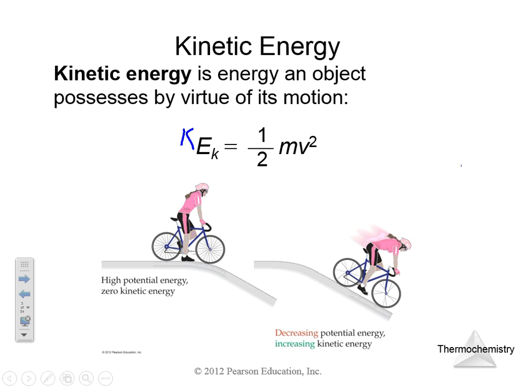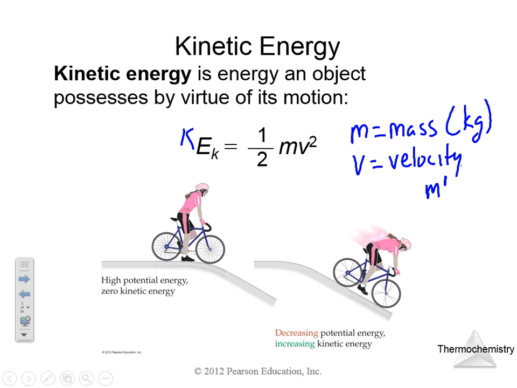And remember, kinetic energy is equal to 1/2 mv squared, where m equals your mass in kilograms, and v is velocity, and that's in meters per second typically. You've studied kinetic energy in the past in 9th grade physical science, and if you're in physics, you'll get more with kinetic energy as we go.